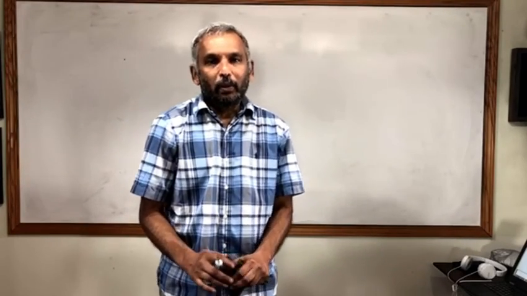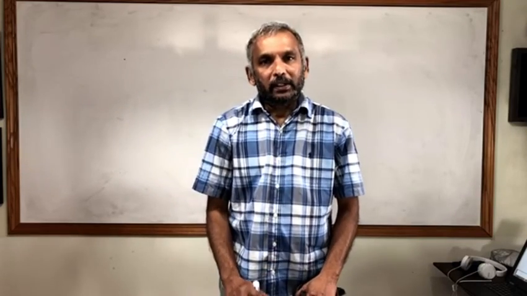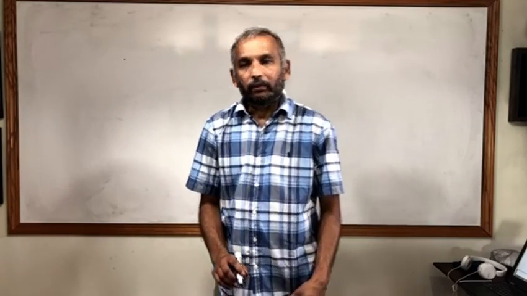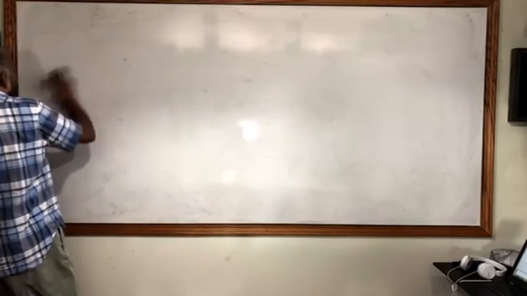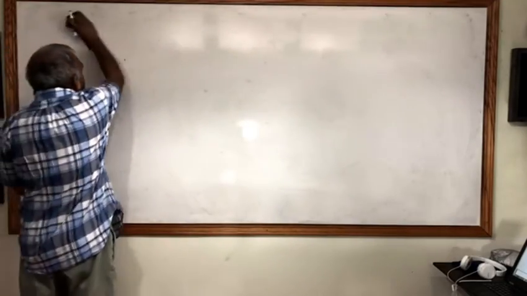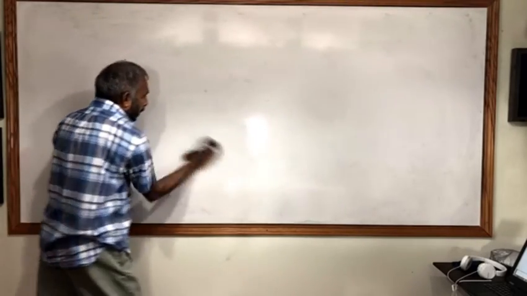So we'll do one more problem before we complete this chapter on factorization of polynomials. This is a very simple problem. We are going to use a result from elementary number theory.